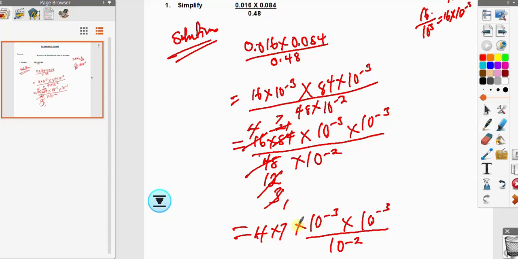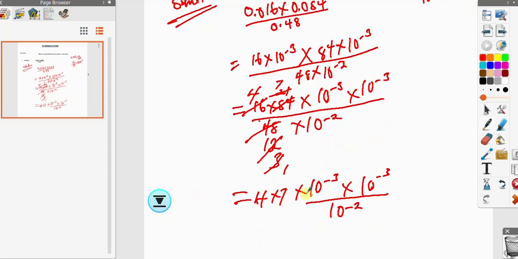So from here now, 4 times 7, which is 28, multiplied by, you remember the law of indices, pick one of the 10 as the base, and the power is minus 3 plus minus 3. And everything is raised to the power 10 raised to the power minus 3 minus 2.